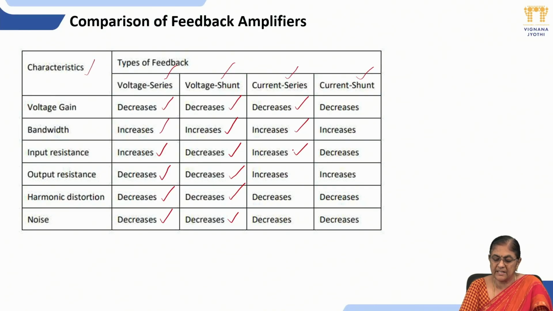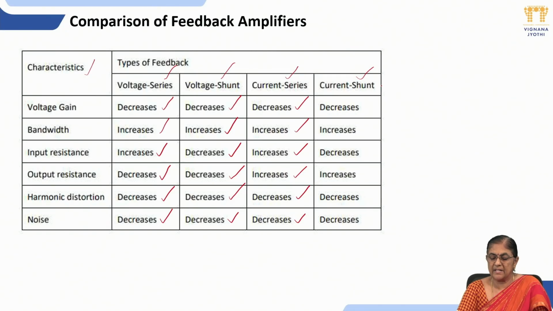So therefore, input resistance increases. Output resistance also increases in current series feedback amplifier because the type of sampler used in this amplifier is current sampler, and in current sampler, input terminals of the feedback network are connected in series to output terminals of the basic amplifier. Harmonic distortion also decreases, noise also decreases.